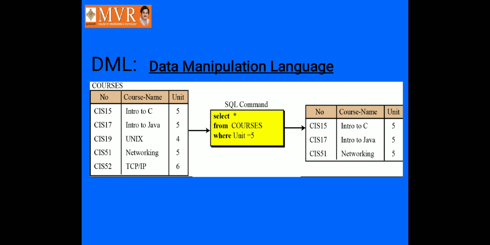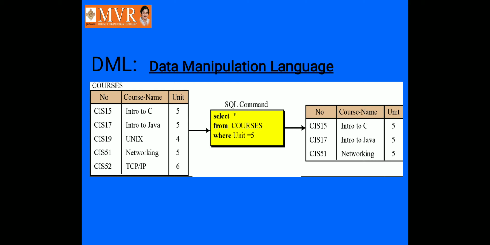How many fields are there? Number, course name and unit, three fields. From these three fields I need unit 5. For unit 5, how many are teaching? CS 15, CS 17 and CS 51.